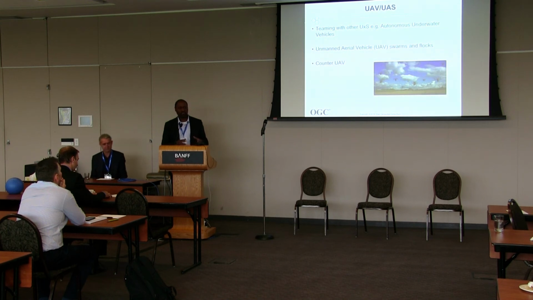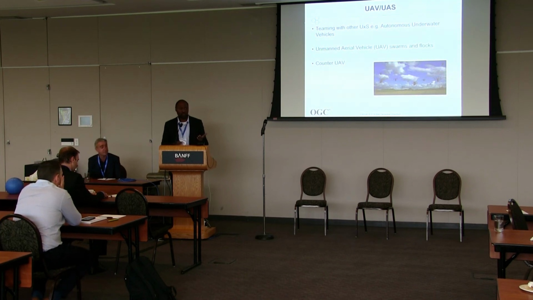So this is teaming between UAVs or teaming between UAVs and unmanned underwater vehicles or autonomous underwater vehicles. We're seeing teaming between UAVs and satellite systems, but the key focus is greater emphasis towards combining UAVs with some other platform or some other sensor, even humans as well, so human-machine teaming.